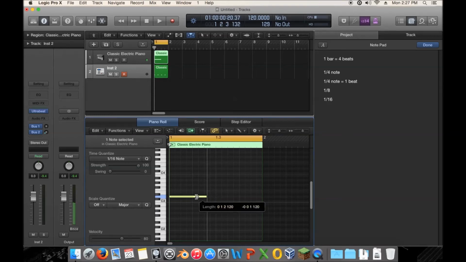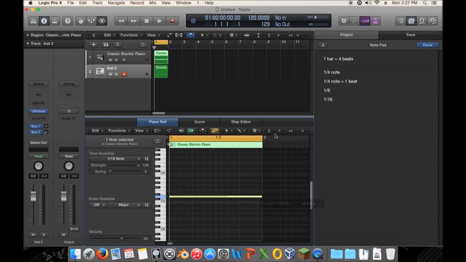And if you split again, quarter note, and then 8th note, 16th note, and then you actually can do a 32nd note, where, if you look, it says 120 next to length, and that would be the length of a 32nd note, in case you need to know and you want it to be precise. So that's how you line up that one.